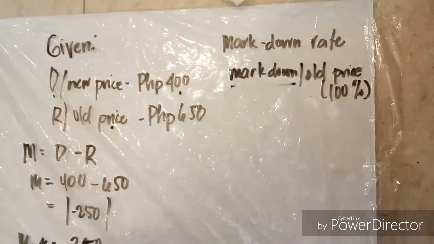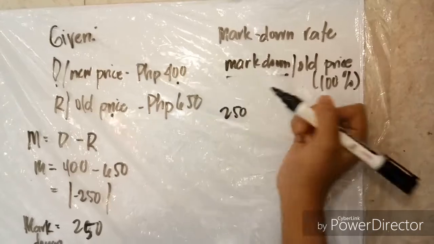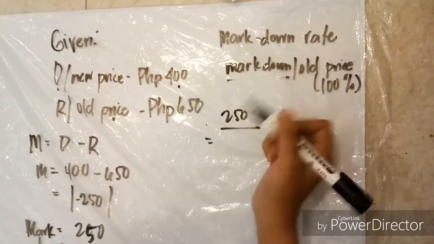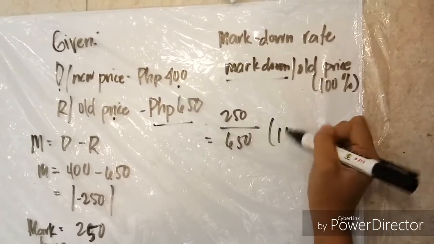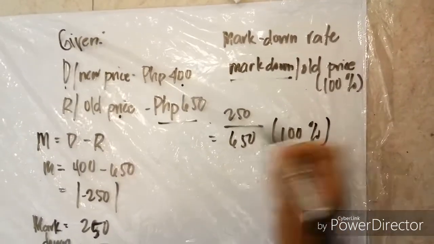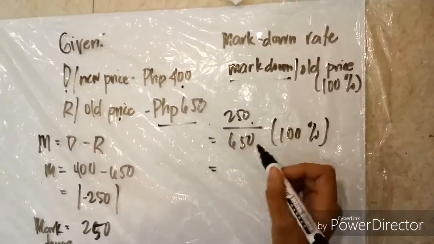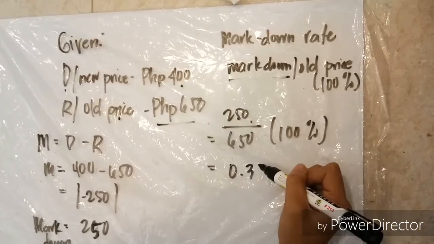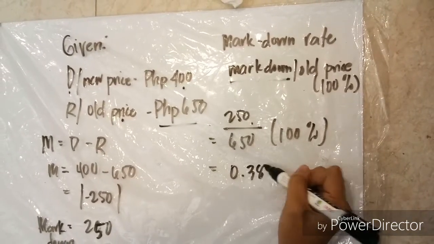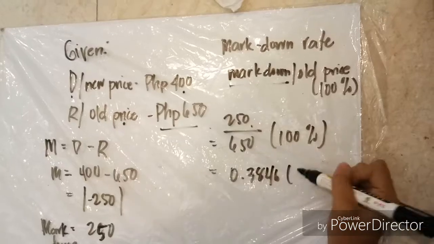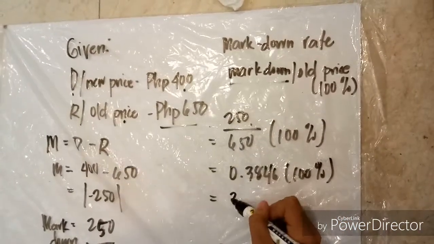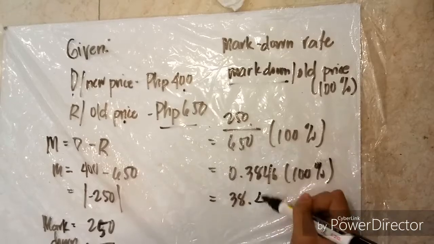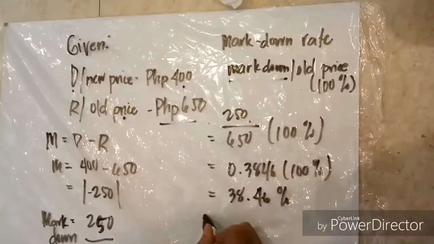And the markdown here will be 250 over the old price, which is 650, times 100%. And 250 over 650 will be 0.3846 times 100%. Move two decimal places and it will be 38.46%. This will be the markdown rate.